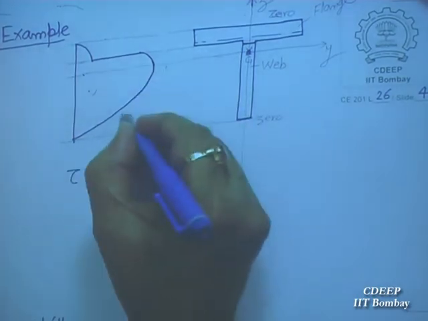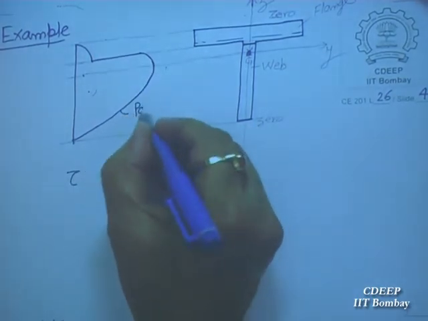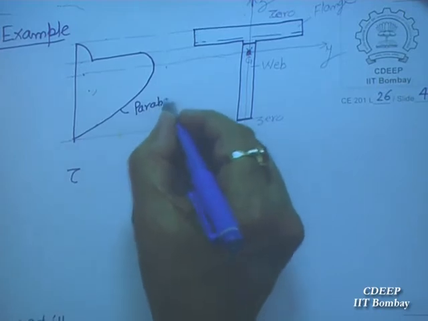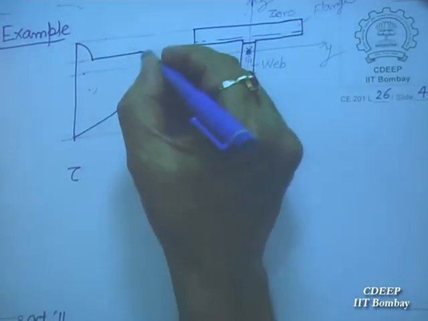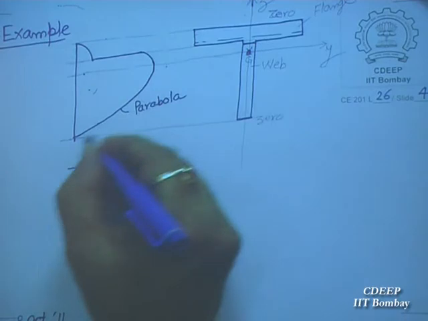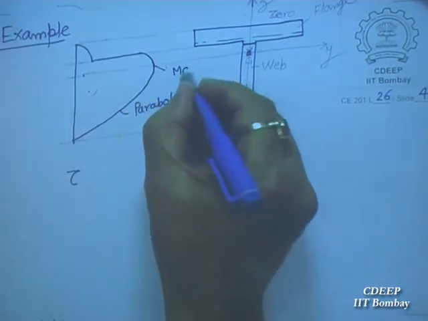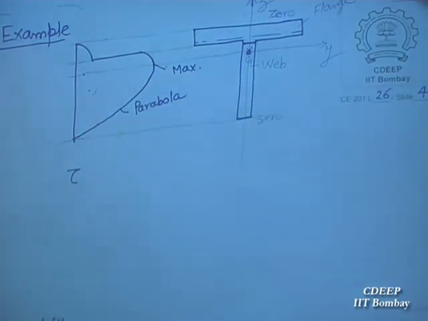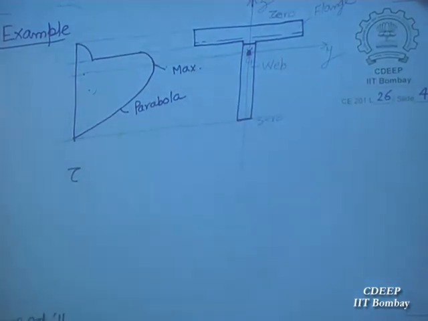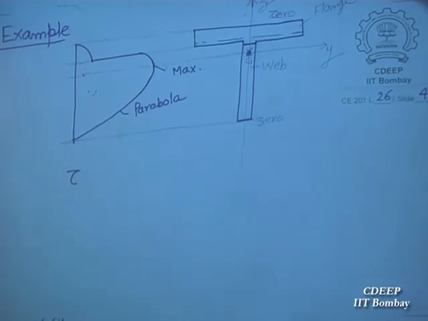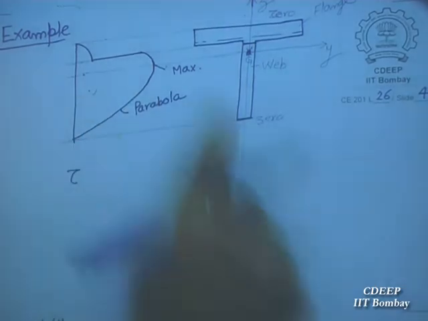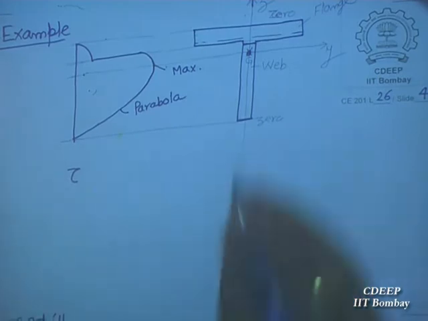So this also will be a parabola. A parabola, I see it is like this, maximum here. I think maximum, if I am not wrong. Yes, it has to be maximum there. Jump. So the shear stress distribution will be like this.